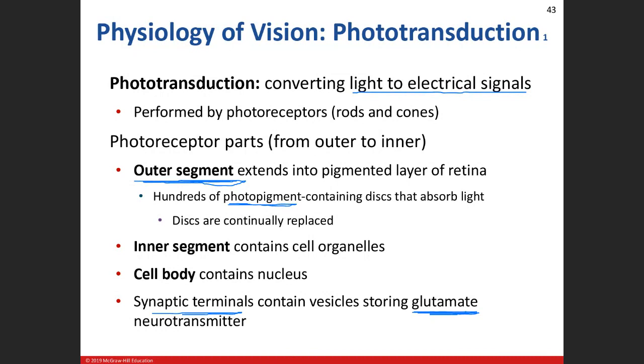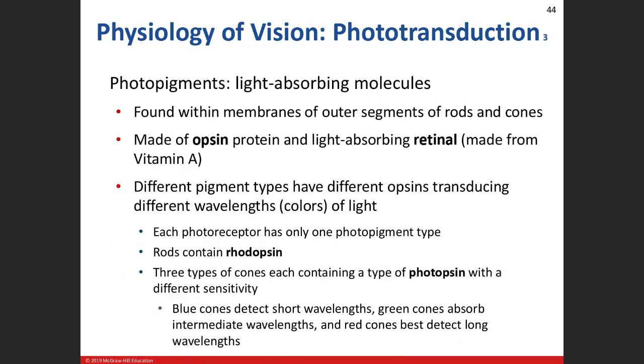Phototransduction. Let's talk about it, because I want to break it down for you here. Understand it occurs in the outer segment of the rods and the cones, and we're going to deal with this protein called opsin. And we're also going to deal with retinol.